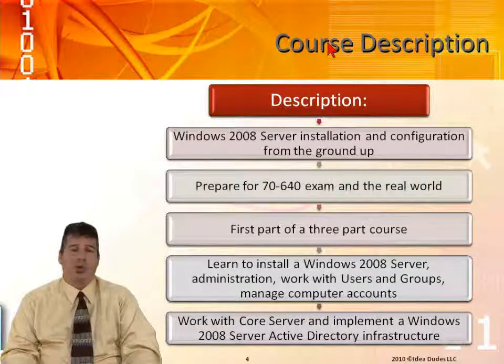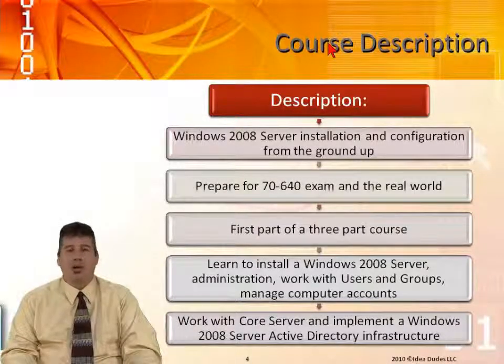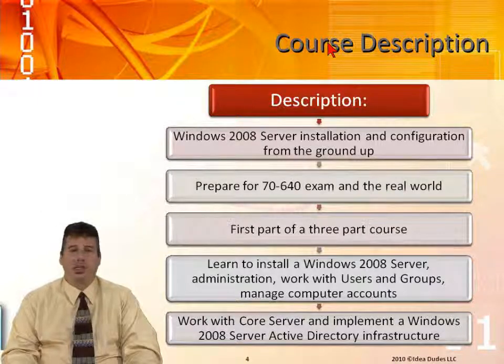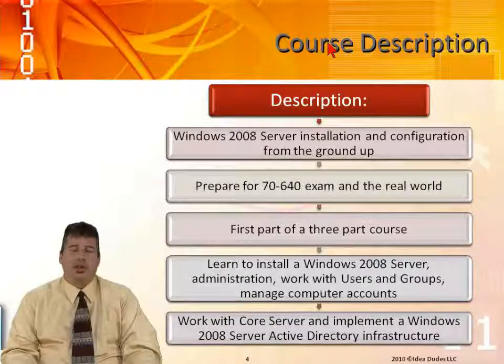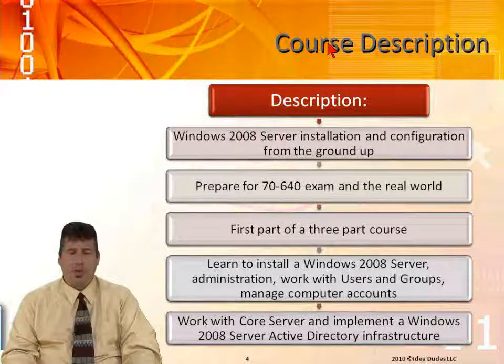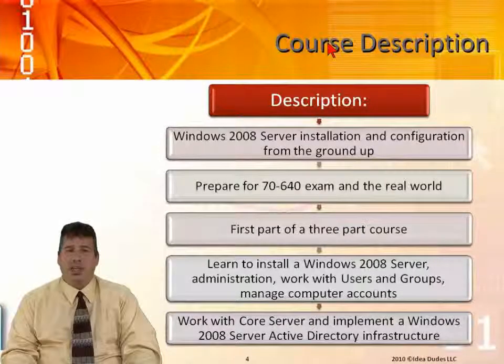So we're going to work with the core server or server core, and this is going to allow us to lock down our environment. When I say lock down, if you remember Windows NT and Windows 2000, they had full control with the Everyone group, and then with Windows 2003, they had Authenticated Users.